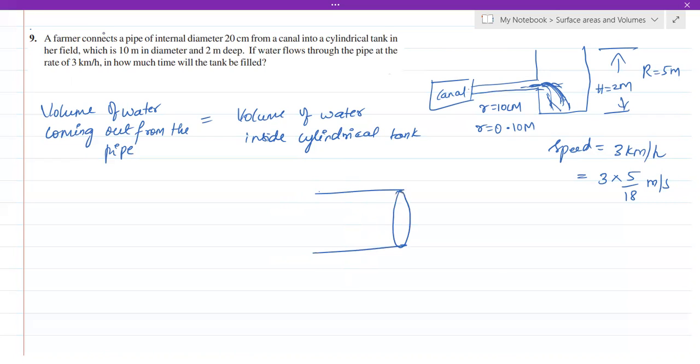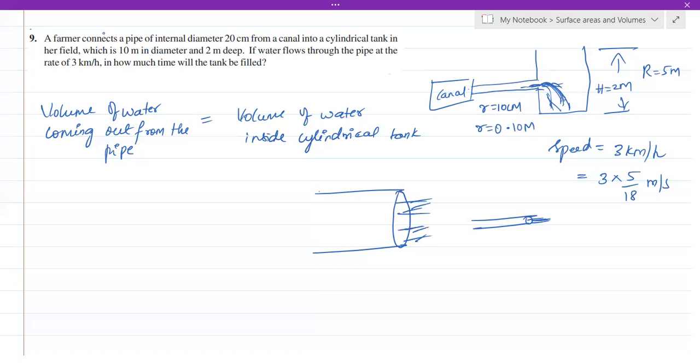If the area of cross section is big, we get more amount of water. If it is very small, we get only less amount of water, doesn't it? It also depends on the speed and the time, isn't it? If the speed is more, we get more amount of water, isn't it?